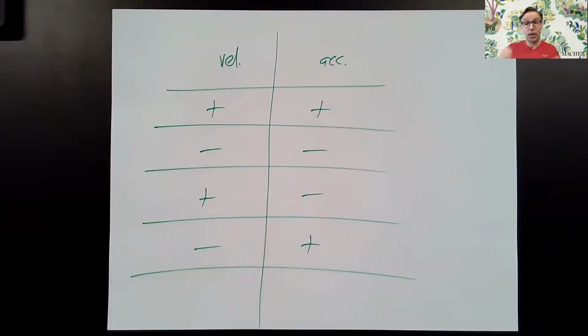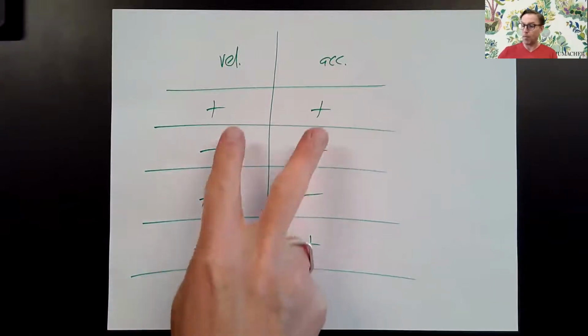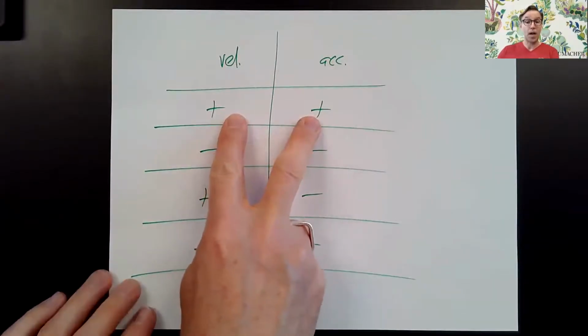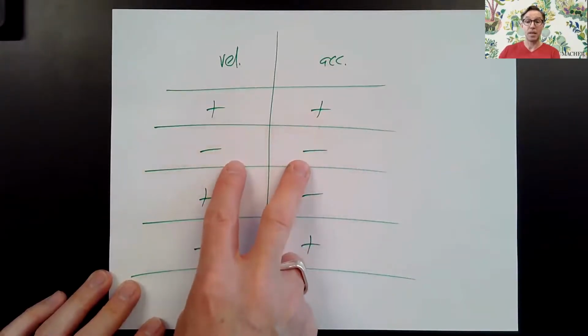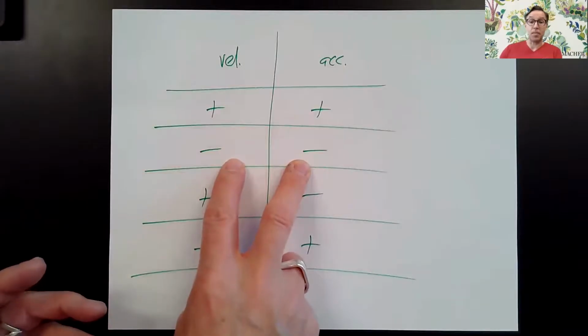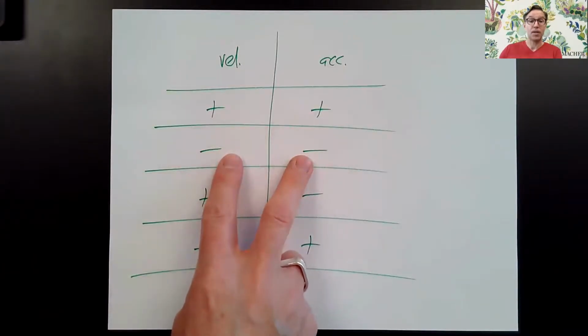Or could you get up and walk or run around and model these situations? I bet you could. And that would be a great thing for you to press pause right now and do. Get some motion in. But what does it mean to run or walk and have positive velocity and acceleration? What does it mean to skateboard and have both negative velocity and negative acceleration?